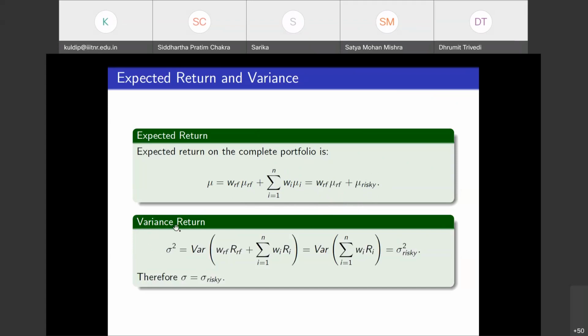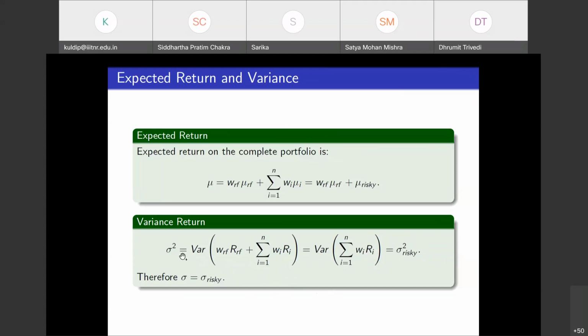And then there should be the variance of return. So the variance of return, sigma square, is variance of WRF plus this. Variance of a constant plus a random variable, what is this going to be? Variance of a constant A plus X is the same as variance of X. So this is summation WRI, and this I will call sigma square risk.